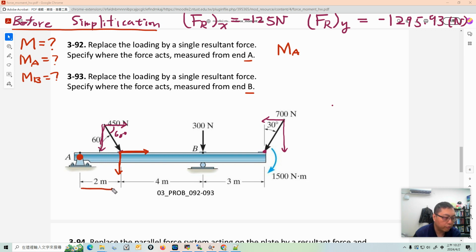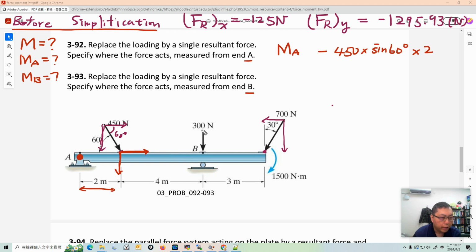Its lever arm is 2, so it's 450 times sine 60 degrees. It points down with the reference point here, so it creates a clockwise rotation, so it will be negative, with lever arm 2.